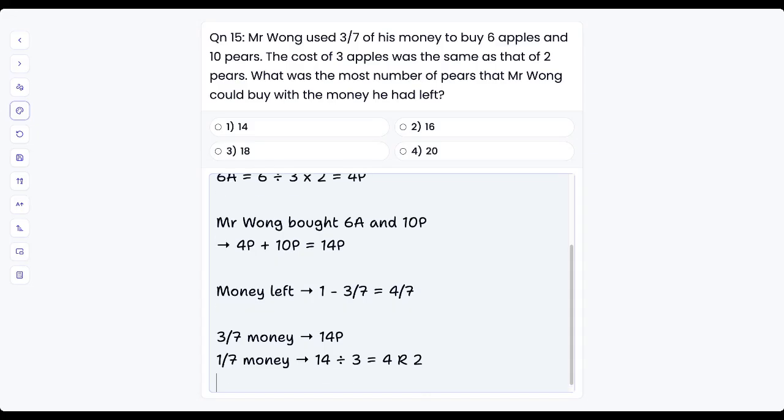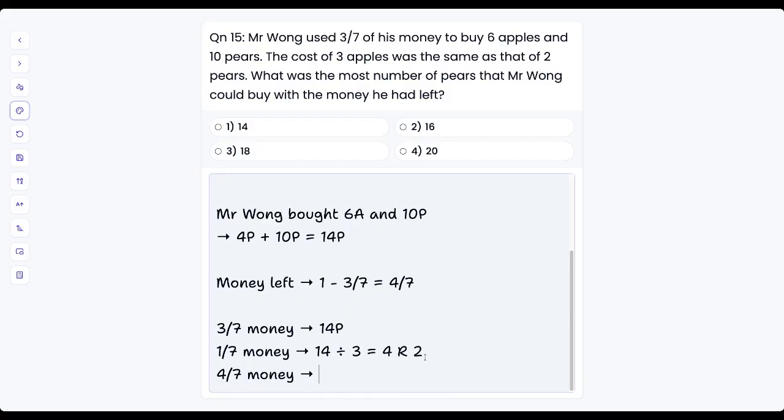So 4 out of 7 of the money is equal to 4 times 4 remainder 2. Scratch the 4 remainder 2 part because in essence it's basically 4 point 6. If you continue, it will be like this, right? So sadly, we have to round down, so it will be 4 pears.